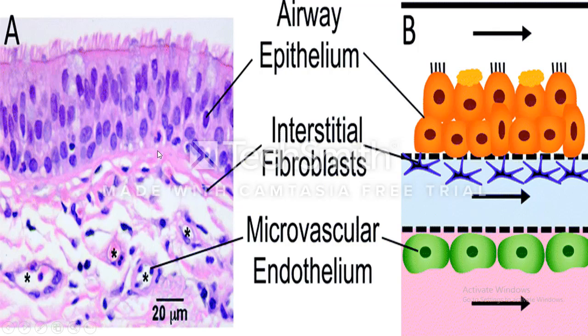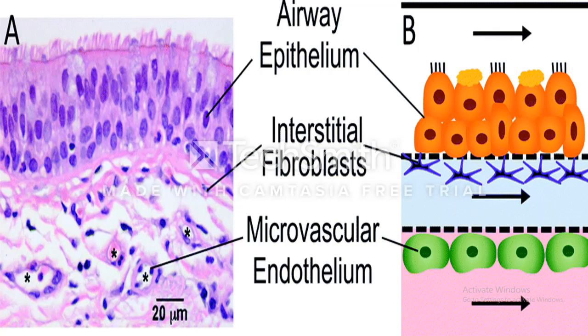This is basement membrane, and these cells supported by lamina propria. These lamina propria have a special structure, and these lamina propria have venule plexus. Venule plexus help to change air to warm air.